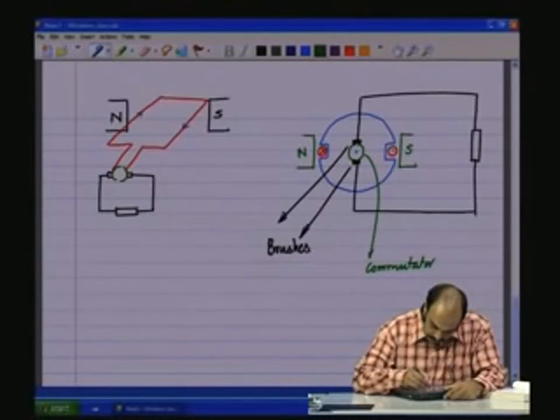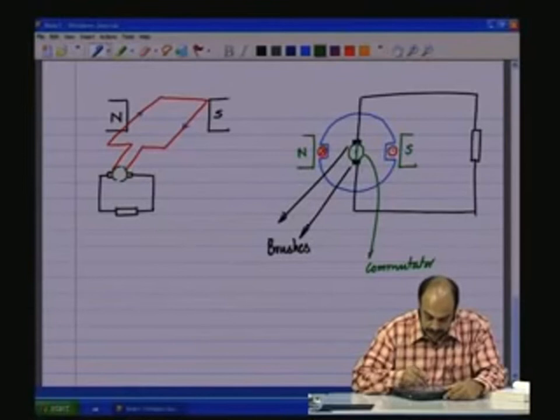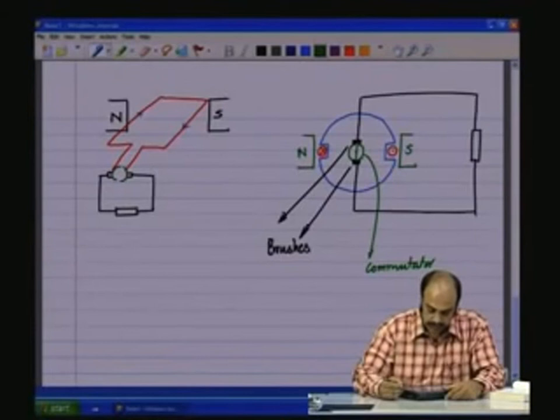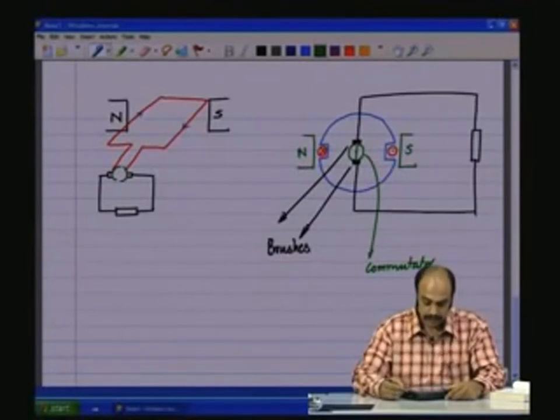Now, we draw a vertical line here, indicating that this half of the commutator is not connected with the other portion of the commutator, it is insulated.